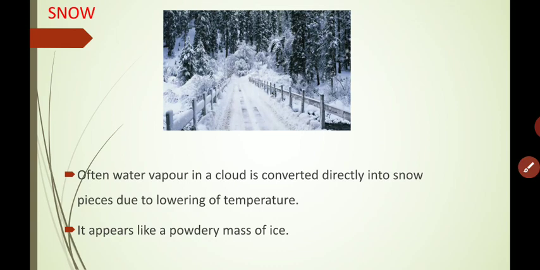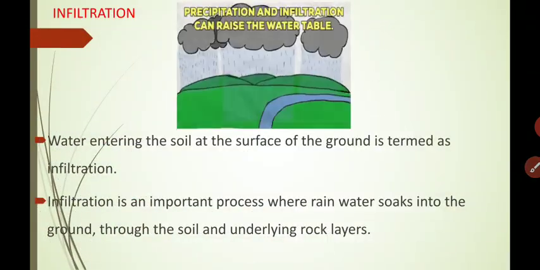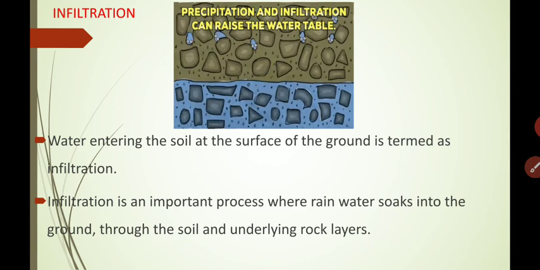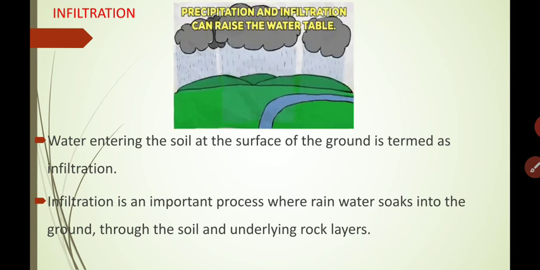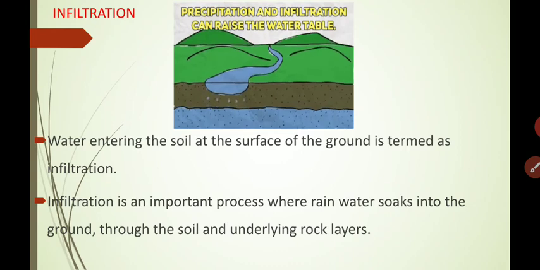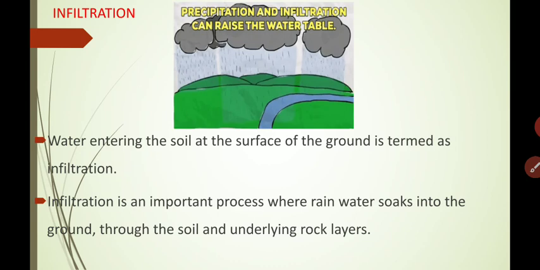Next one is infiltration. Infiltration means that when precipitation or rainfall occurs, the water goes to the groundwater. This water going to the ground is called infiltration. See the picture: precipitation and infiltration can raise the water table.